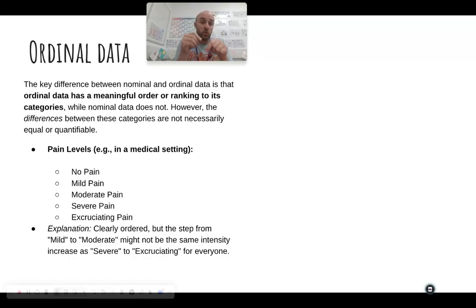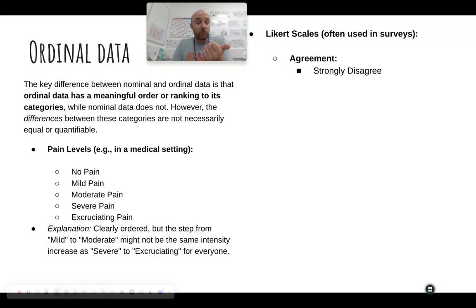The gaps between them are unknown or unequal. That's super key, and I want to apply that to the next example. So Likert scales, right? The gap between strongly disagree and disagree is not necessarily the same gap between disagree and neutral.